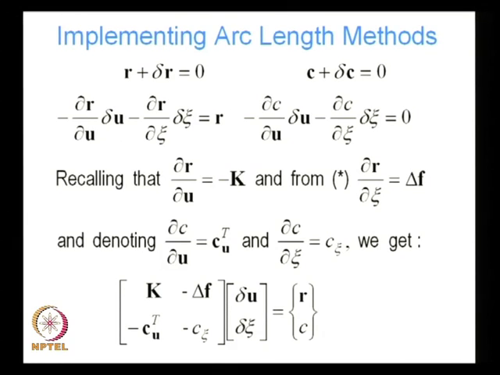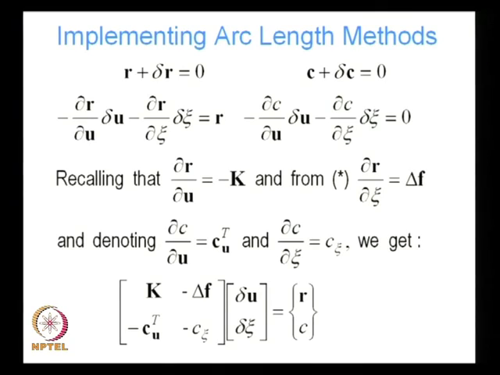So, again we write r plus delta r equal to 0. We assume that after I calculate my new update, my abscissa intersects the x axis, so my ordinate is 0. So, r plus delta r is equal to 0, c plus delta c is equal to 0.